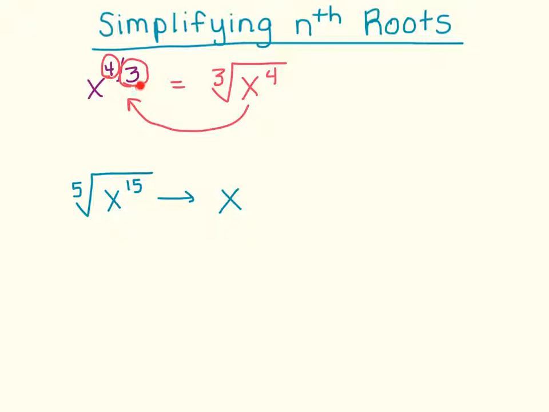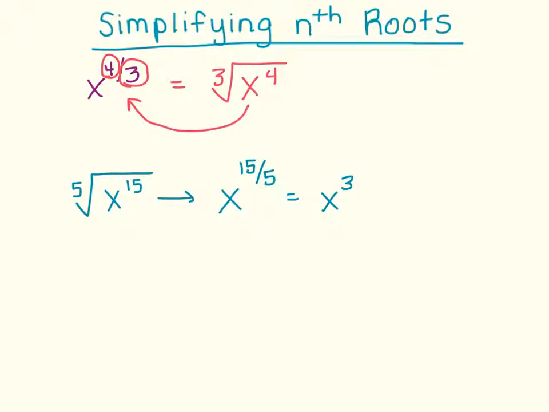See how this used to be 4/3, and we went 4/3. So this would be x to the power of 15/5, and 15/5 simplifies to 3. 15 divided by 5 is 3, so this would really just be x cubed. That would be considered simplified.